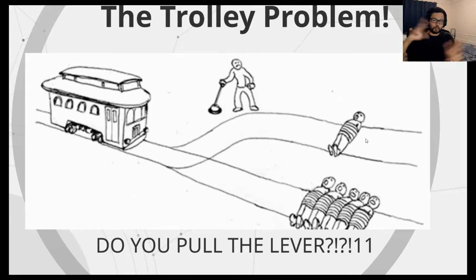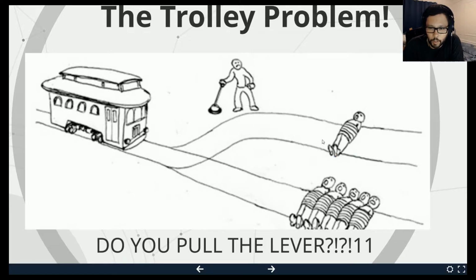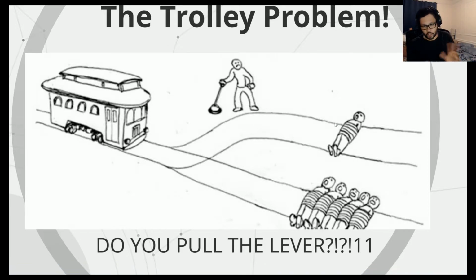And then you can do this in the reverse, right? What if this person is a known serial killer and these are all Nobel Prize winners or whatever? Then it seems like you'll have a much easier time pulling the lever because maybe this person deserves to die. So you're reasoning about desert and justice. You're reasoning about special relationships.